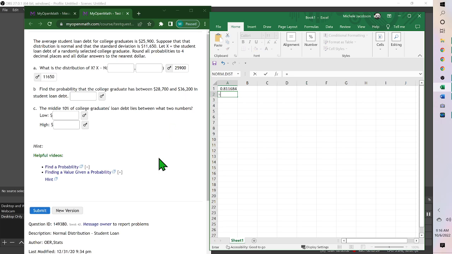Now you do the same thing for the other one. Equals norm, 28,700, comma, the mean 25,900, comma, 11,650, and a 1.